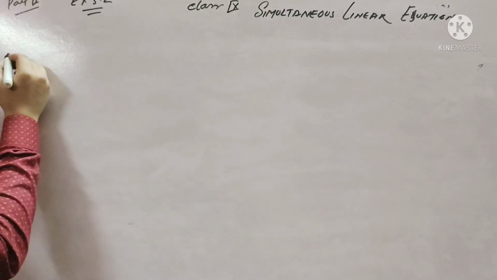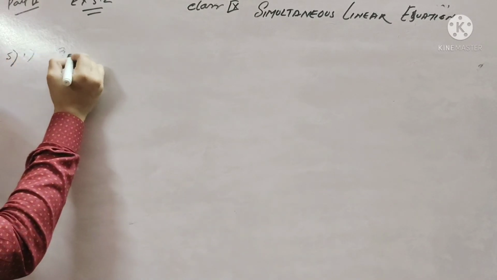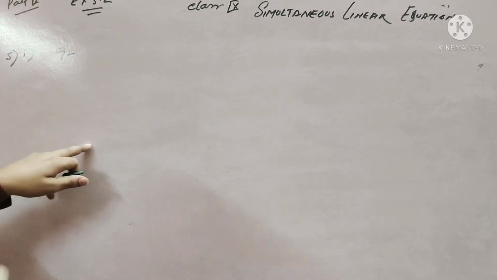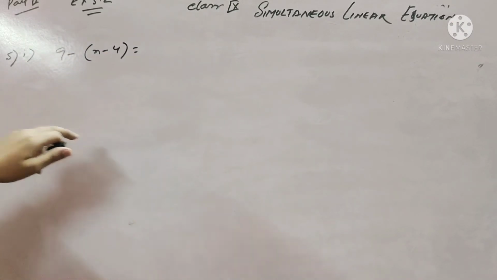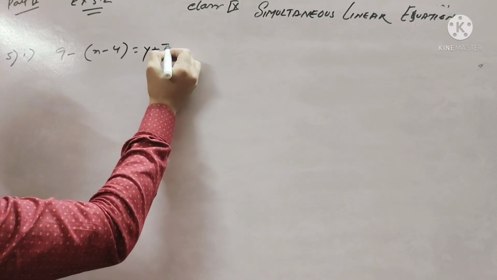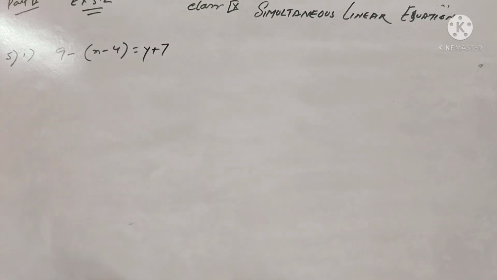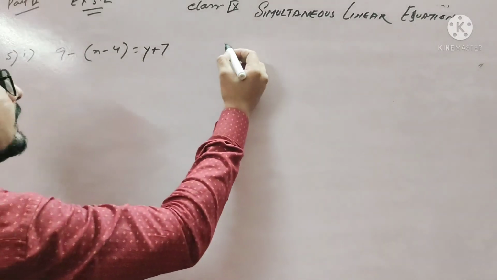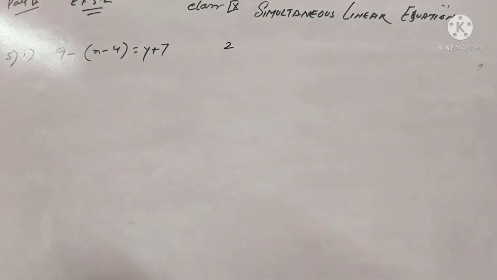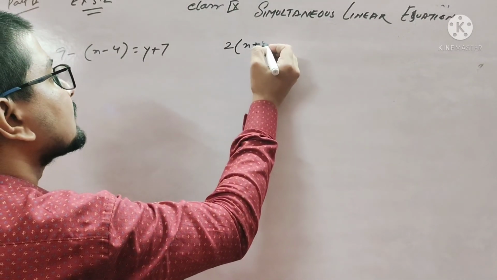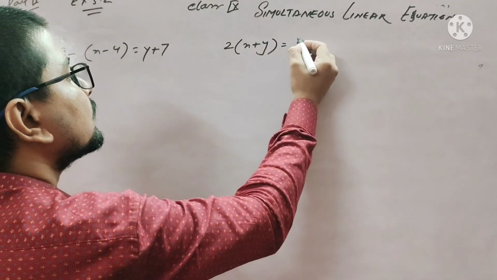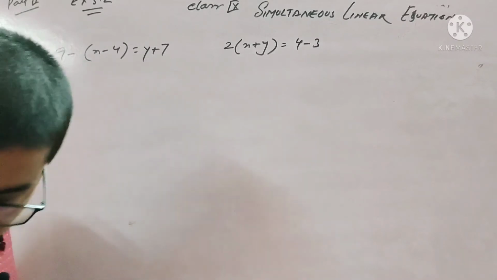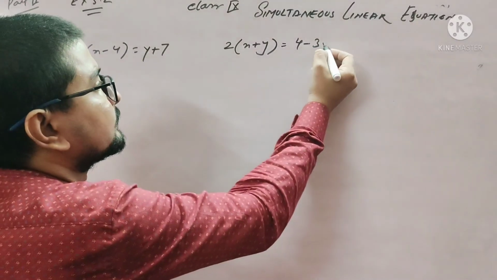Now turn to question number 5.1, that is 9 minus (x minus 4) equals y plus 7, and another is 2x plus y equals 4 minus 3y.